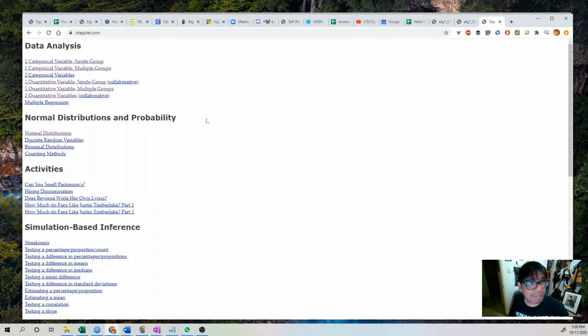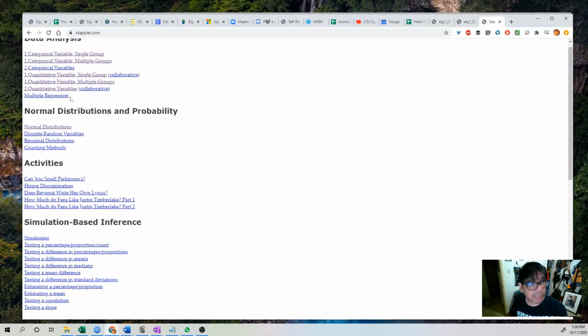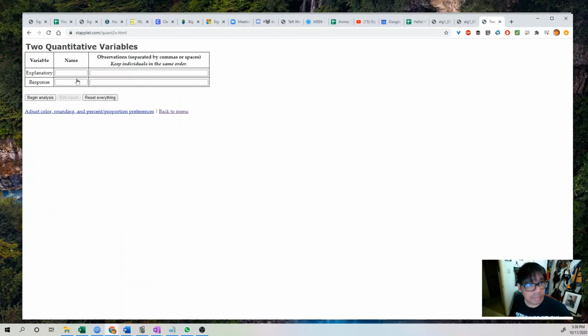Here, we're going to do, where is it? There we go. Two quantitative variables. Let me go ahead and zoom in there. And we're going to enter in our quantitative variable information here. I think this is GPA and this is IQ. What were the GPAs?